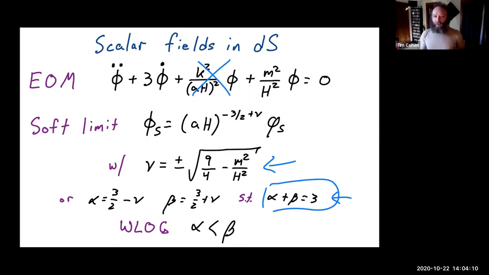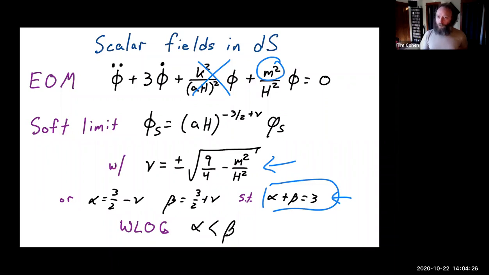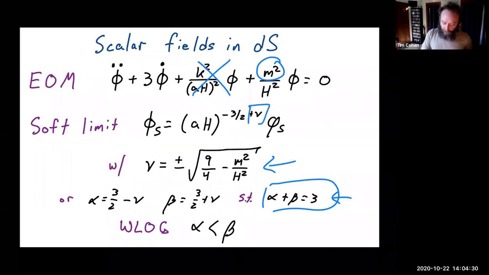In the EFT, M is not going to appear anywhere, kind of by magic. It appears at intermediate steps, but in the final action, once you've used all the tricks to simplify it fully, M disappears, or anything that looks like a mass. And all the dependence on the UV mass will be encoded in this nu, okay?